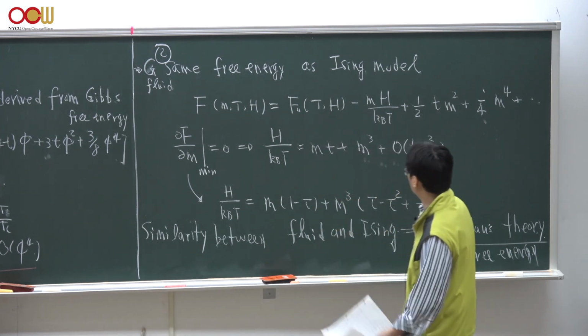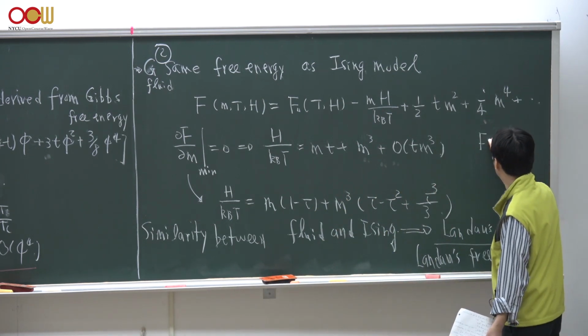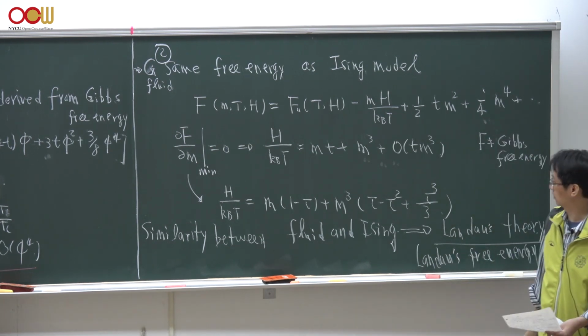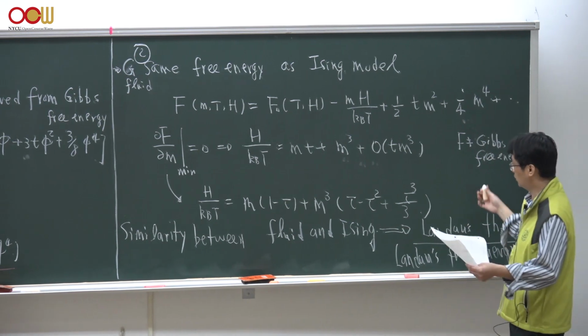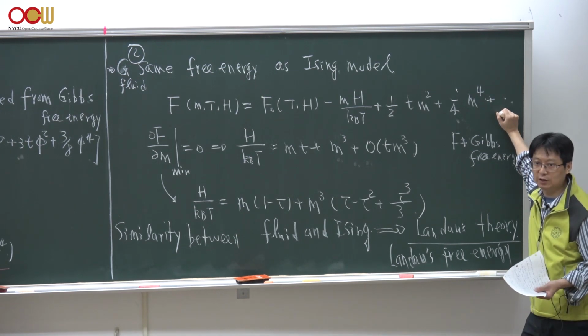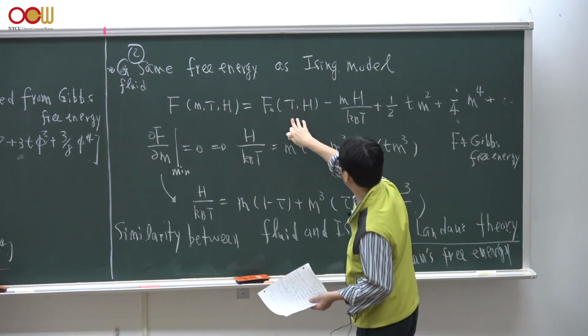Again, this free energy is not the same as the Gibbs free energy; we will discuss the difference between so-called Landau's free energy and Gibbs free energy later. But let's just say that we can construct a free energy-like function, which has this form, which is some kind of a constant.